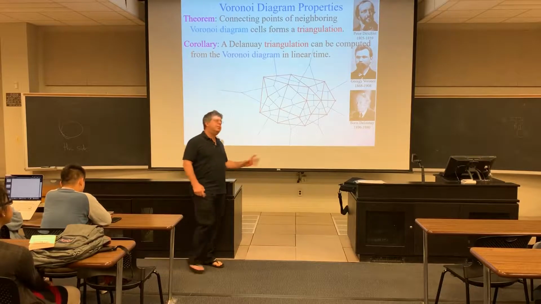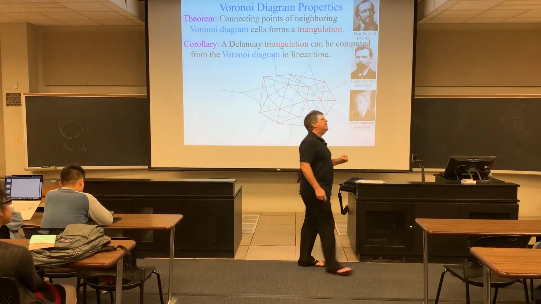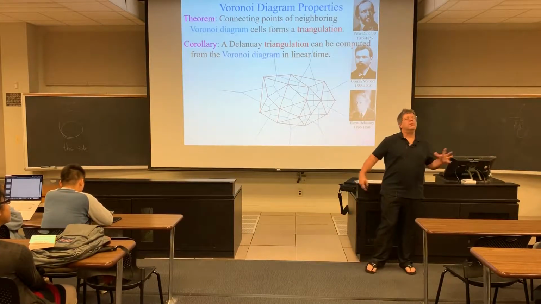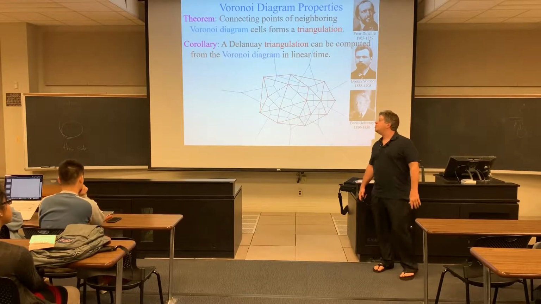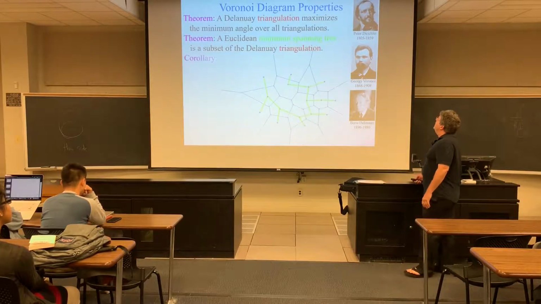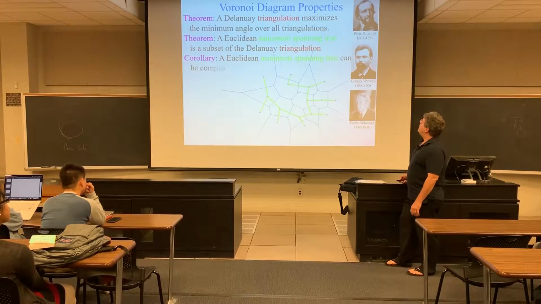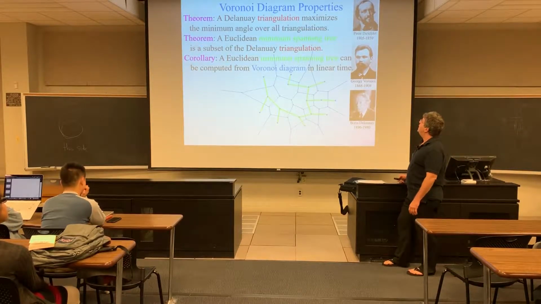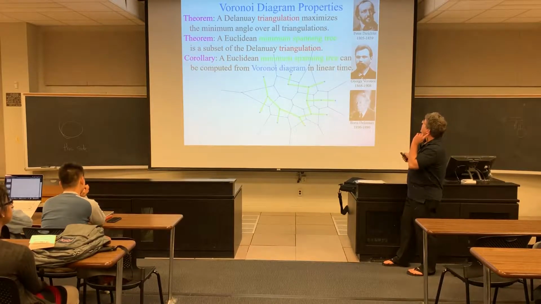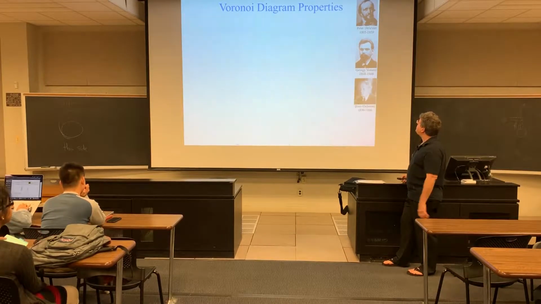It has the property that it maximizes the minimum angle over all possible triangulations, of which there could be an exponential number. And minimum spanning trees are a subset of the Delaunay triangulation, actually.